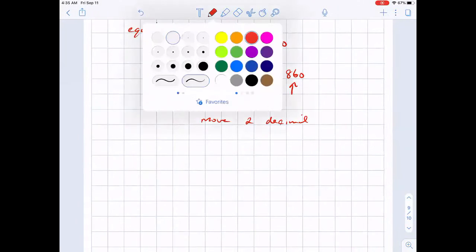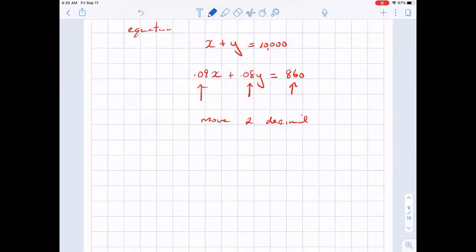So if we move 2 decimal places, 1, 2, here's the decimal, 1, 2. So this becomes 9x plus 8y is equal to 860, and we move it 2. Moving 2 decimals is the same as multiplying by 100.